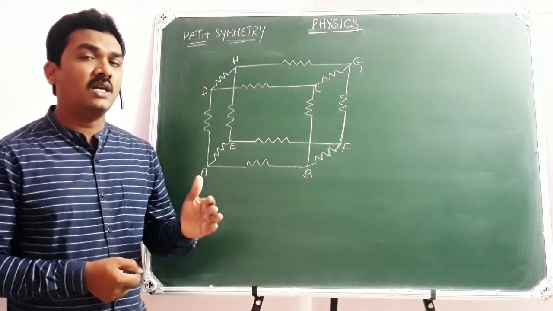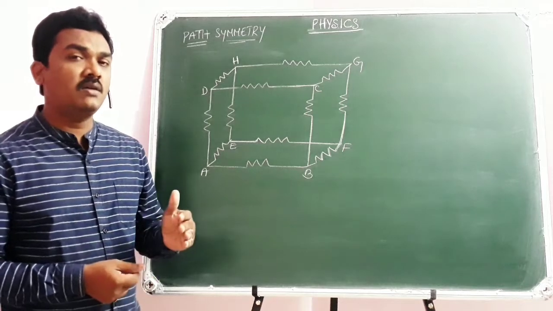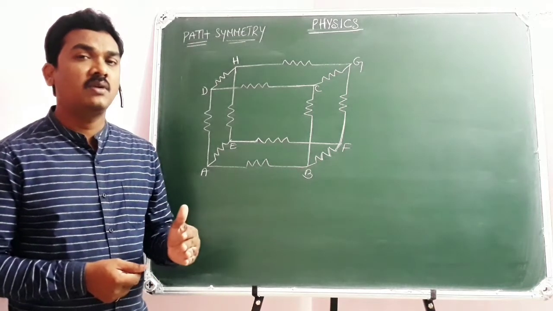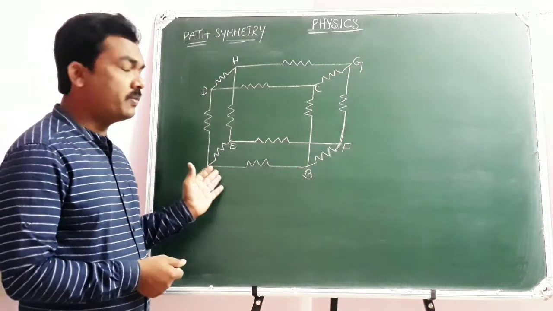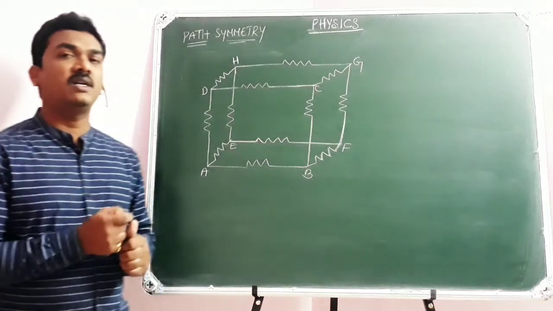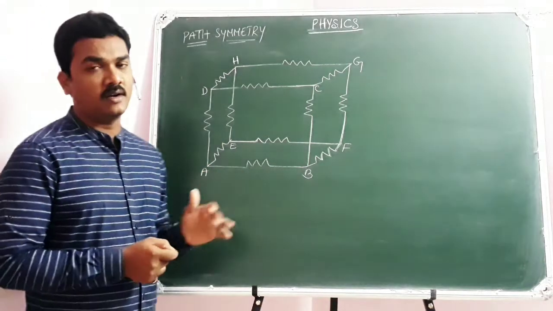Along such identical paths, the current will be divided equally at the starting point. This is what we learned about path symmetry in the earlier class.